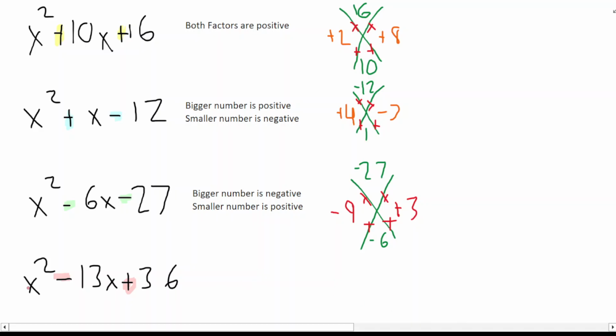Now, the final part of this method is notice that when your second number is negative and your third or last number is positive, this is actually going to be very similar to the first case where you're going to have both factors as negative.